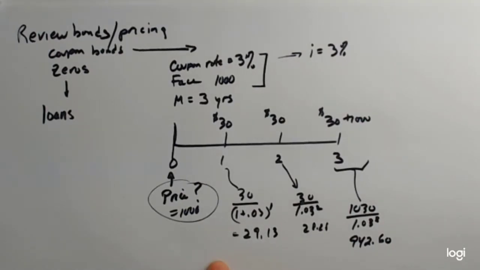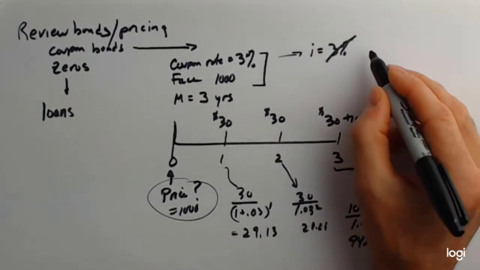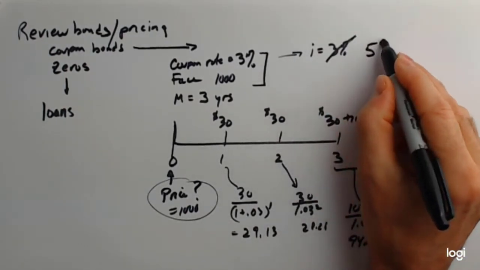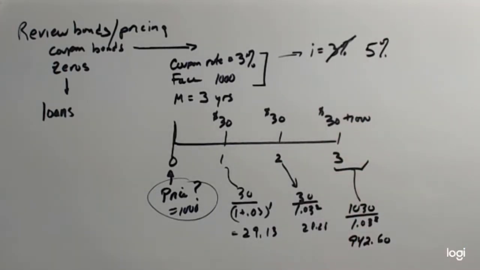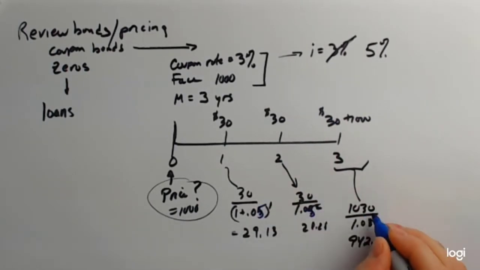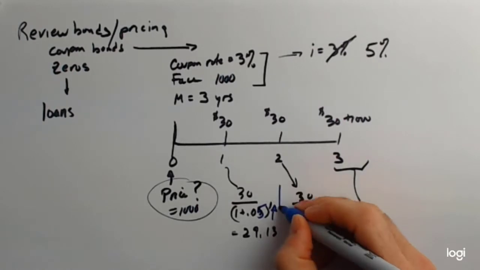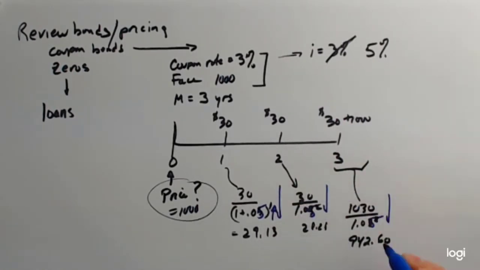So now what happens if interest rates change? What happens if interest rates go up? They're not 3%. Let's say they're 5%. Well, if interest rates are 5%, then we're going to have a 5 here, a 5 here, and a 5 here. So you just increase the denominator, which means the fractions are going to go down.